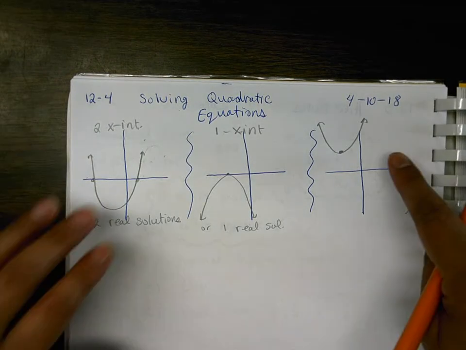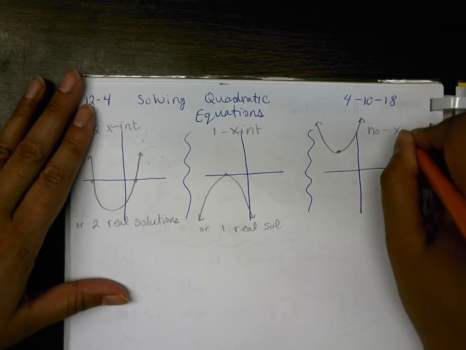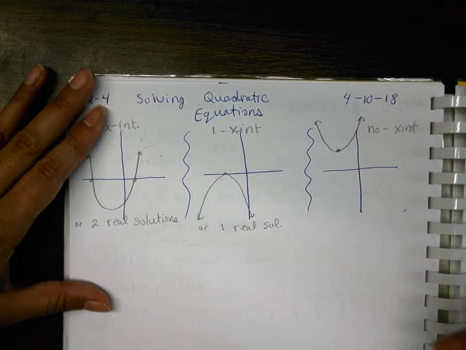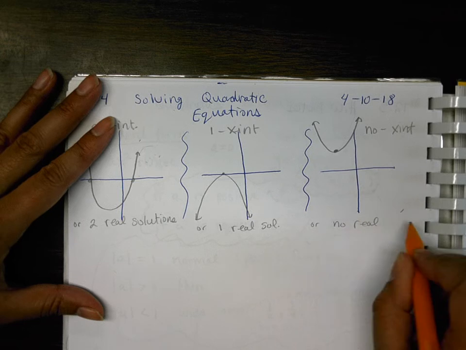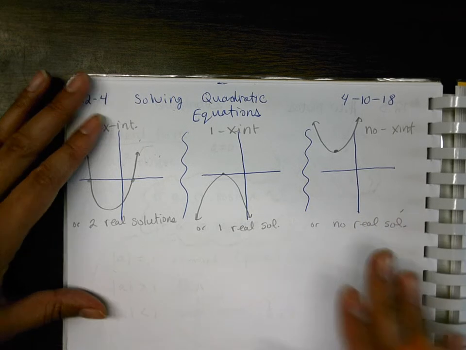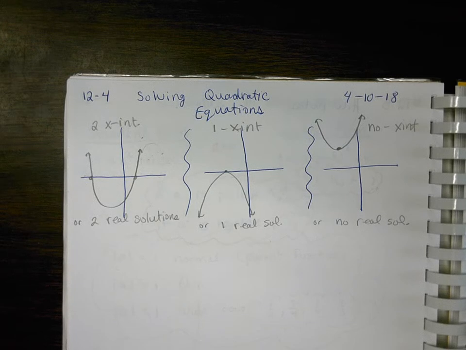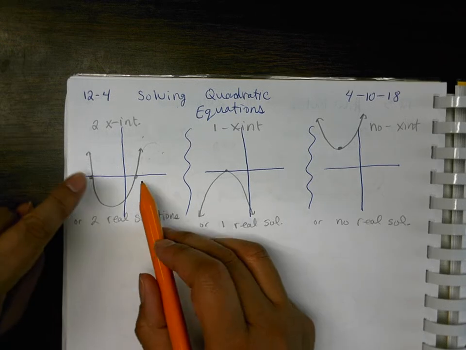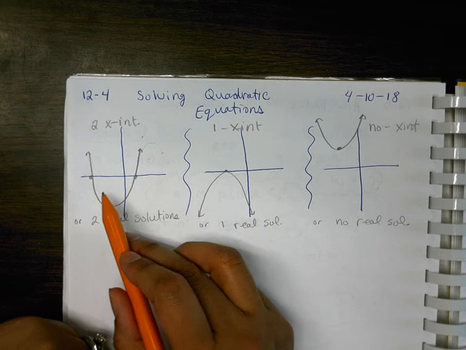Okay, so how many x-intercepts would I say here? This would be no x-intercepts or 0 x-intercepts or no real solution. Okay, so it's just how many times it crosses the x-axis that is considered your x-intercept or intercepts.